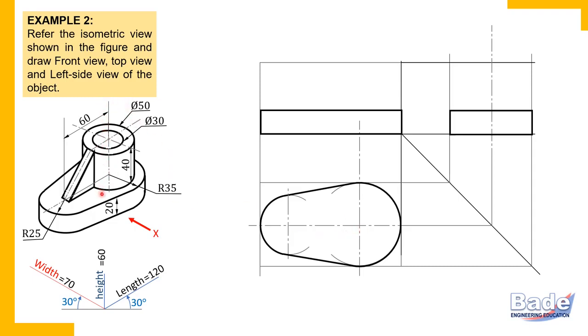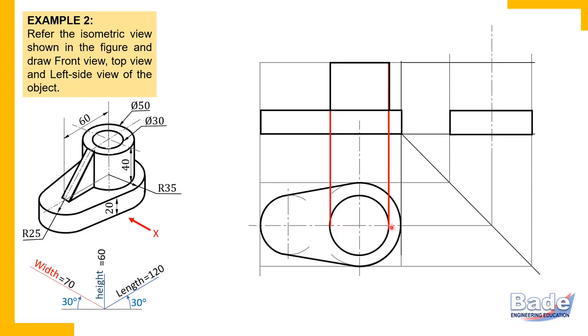The vertical axis is shown in the three-dimensional diagram, and this entire vertical line appears as a point in the top view here. So on the same line is the center of this arc. So this is the center of the arc. Use it and draw a circle of diameter 50, meaning radius 25. So this is the cylinder. Now project it. It is a rectangle in the front view.